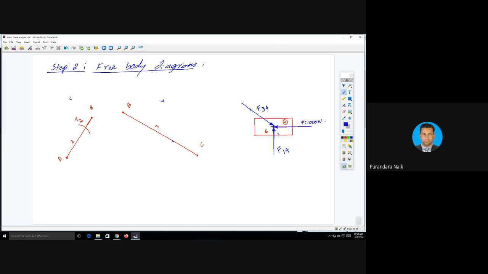That's why we are not going to consider it while analyzing this. Is it okay? We are going to consider only the applied forces. Any doubt? Otherwise, the system will be complicated and very lengthy if you consider the frictional force and self-weight, everything. Is it okay?